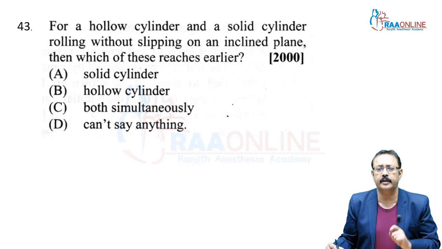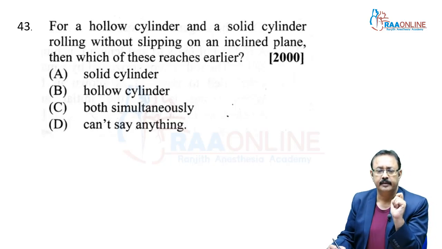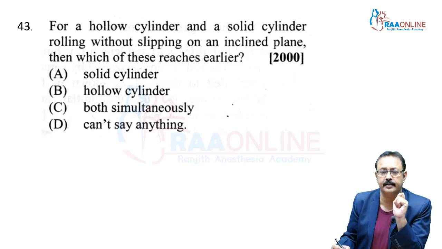For a hollow cylinder and a solid cylinder rolling without slipping, which of these reaches earlier? For which K is less?